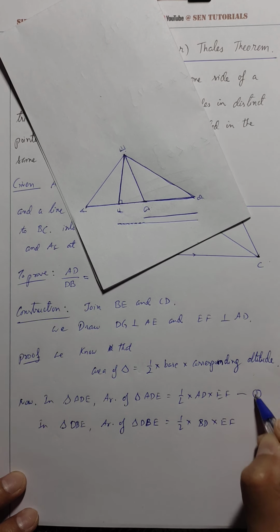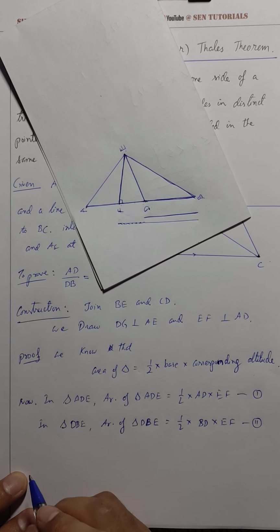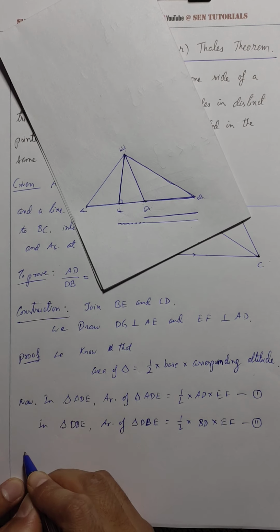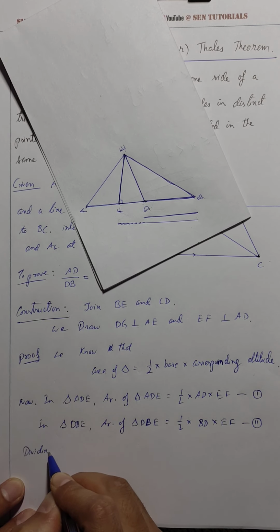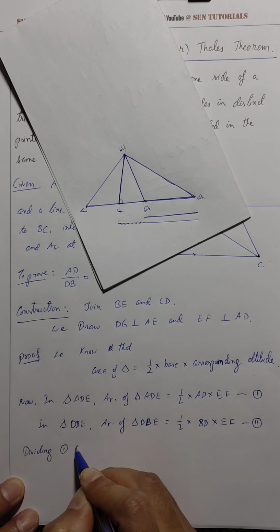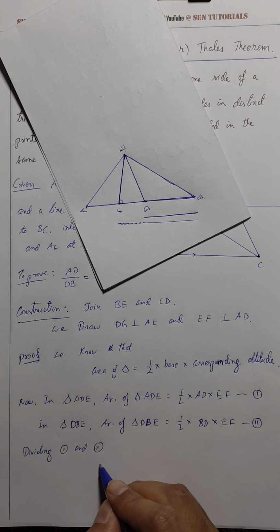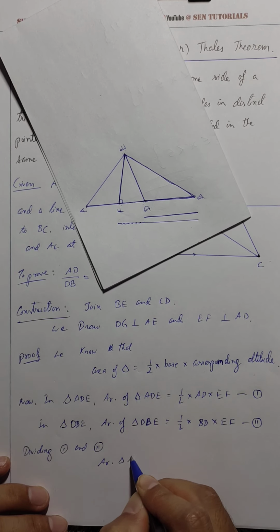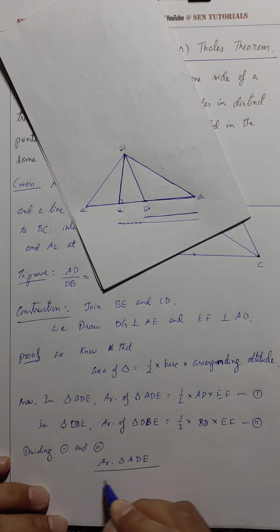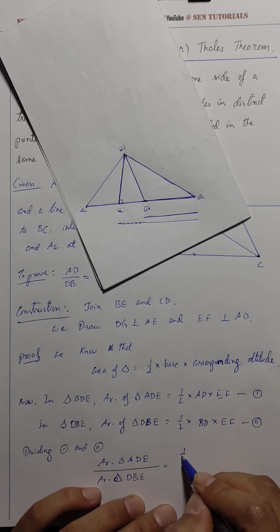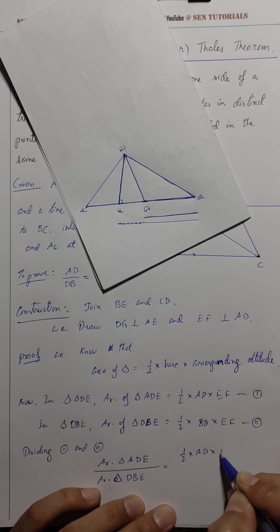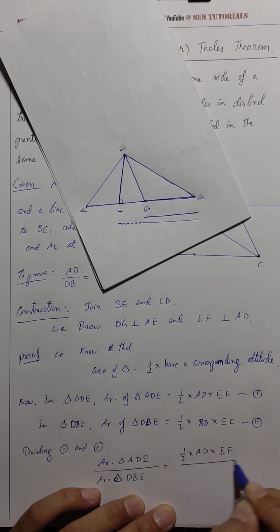All right. So let me mark this as equation 1 and equation 2. Now I will divide equation 1 by 2. So it becomes area of triangle ADE upon area of triangle DBE, that would be half into AD into EF divided by half into BD into EF.